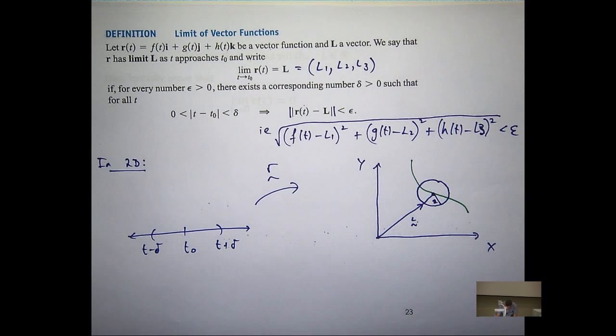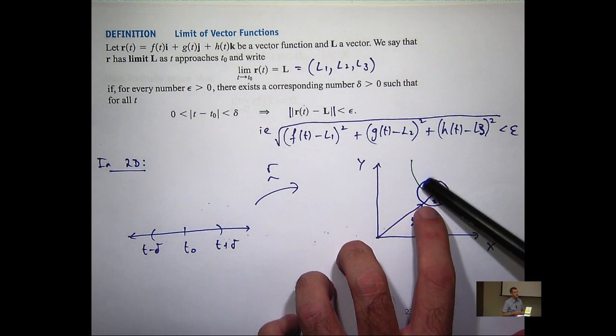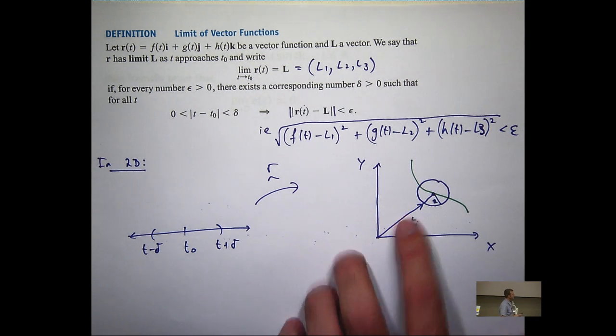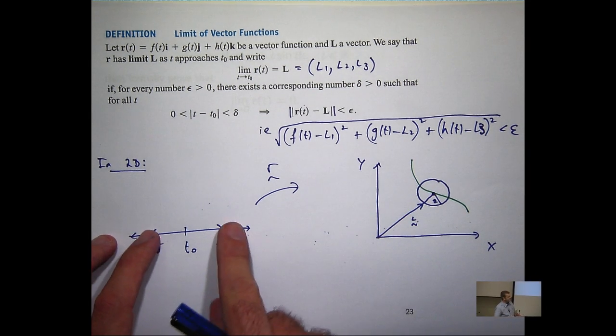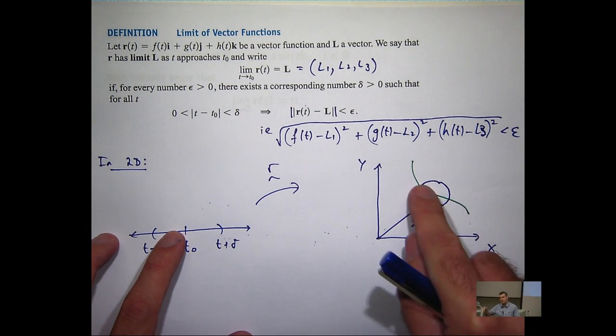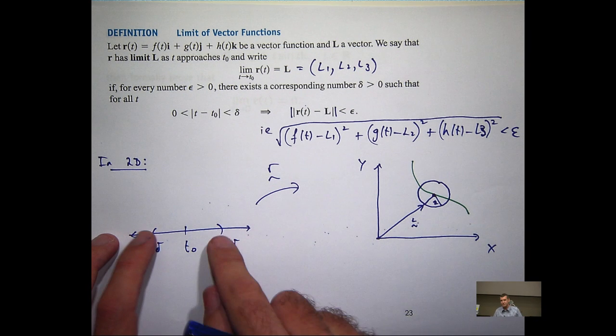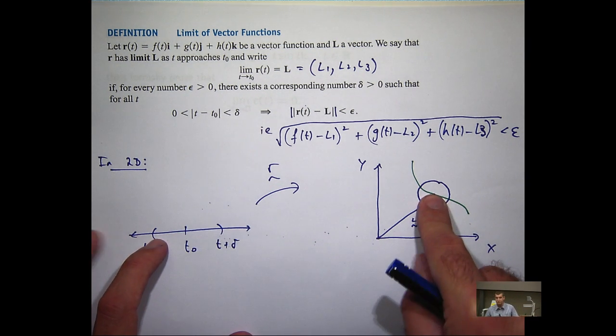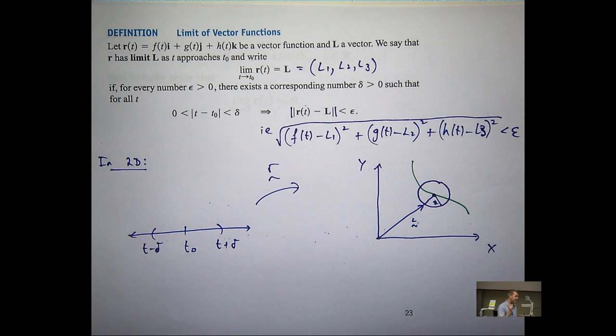What this definition basically says is the following. If I draw any circle around this point, then by restricting the size of this interval, I can always make the curve, or the part of the curve associated with this interval, fit inside the circle.